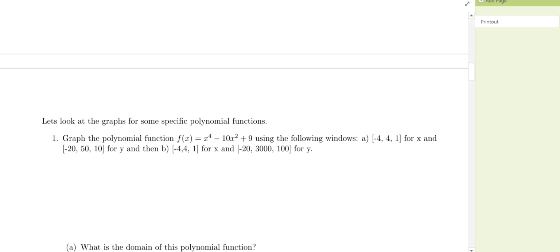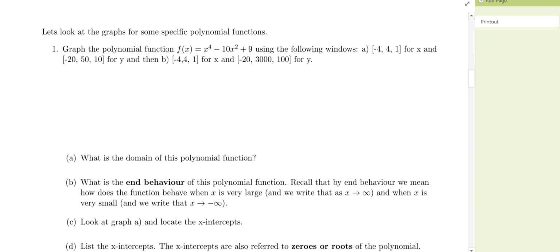Alright, so let's look at some examples. So let's graph the polynomial function f of x equals x to the 4th minus 10x squared plus 9, first using a small window and then zoom out on a bigger window.